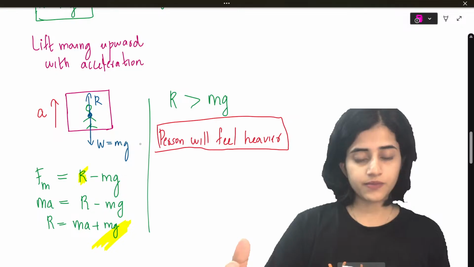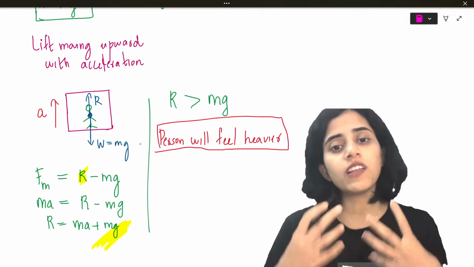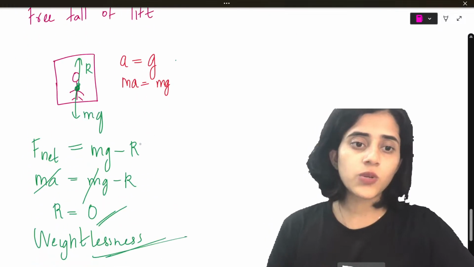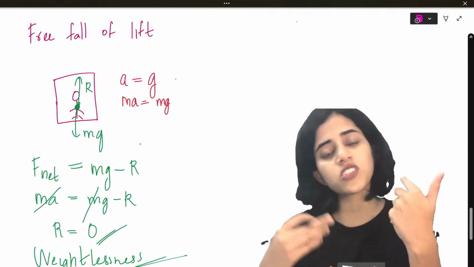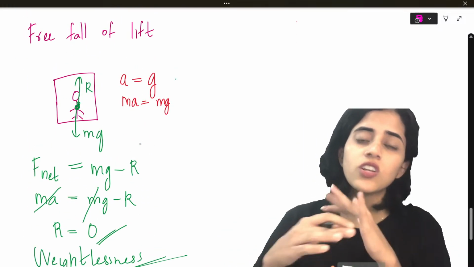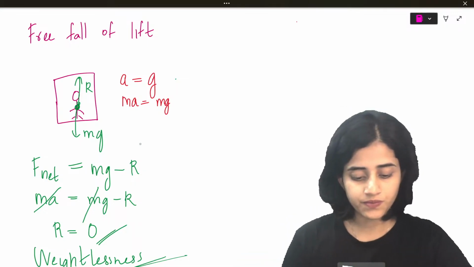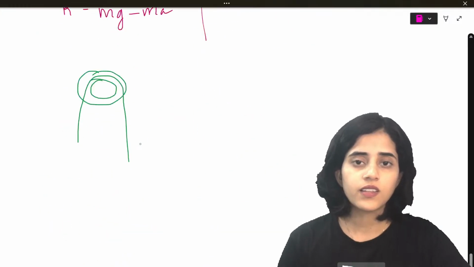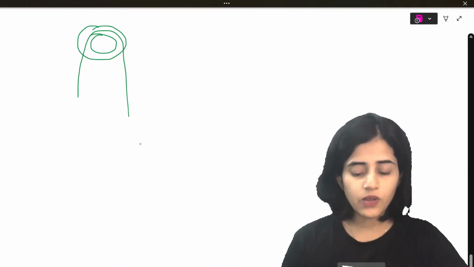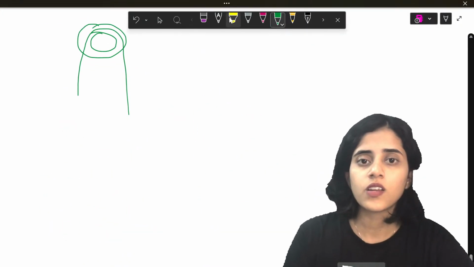So when normal reaction is greater, you will feel heavier. Now in this question, we proved that normal reaction is 0. So if normal reaction is 0, you will feel weightlessness. Okay? Yes. Okay, now let's look at a system with a pulley.